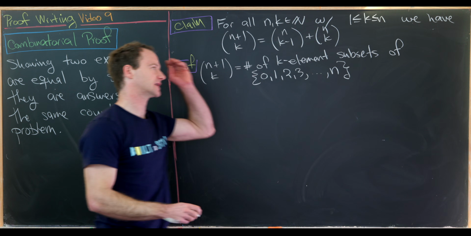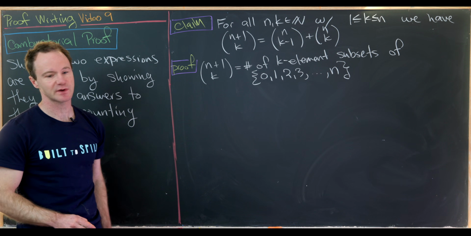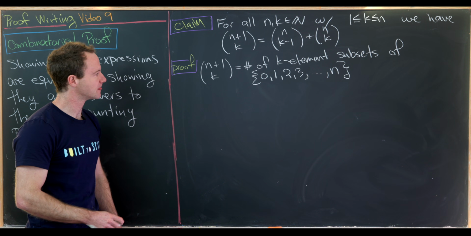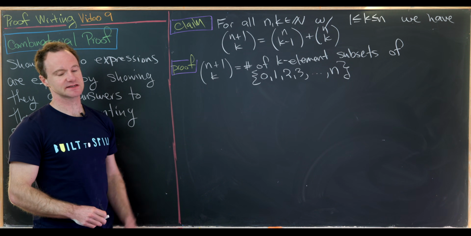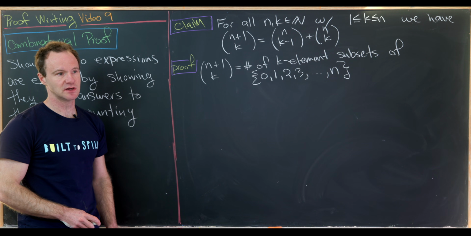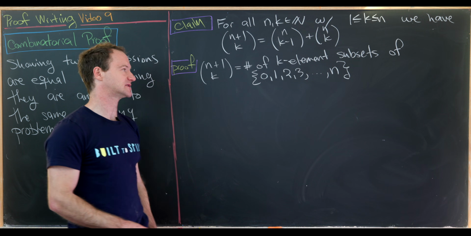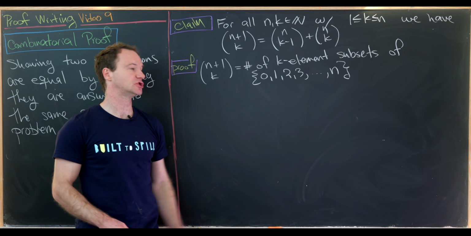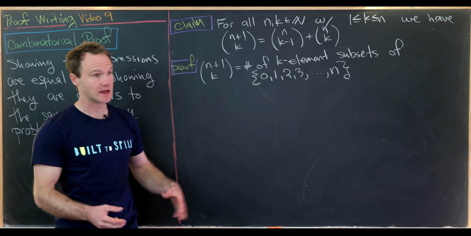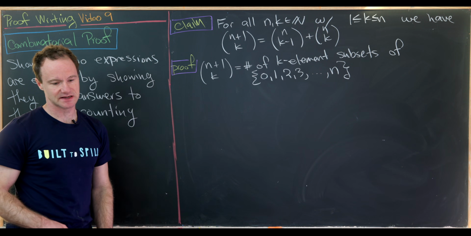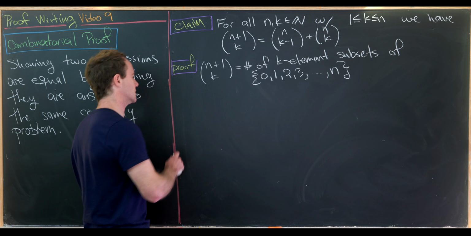So I think that clearly has n plus 1 elements because we are including 0 here. Okay, so that's the left-hand side of this proposed equation. Now we'd like to count the number of k element subsets of 0 to n, another way to achieve the right-hand side. And we can do it as follows.